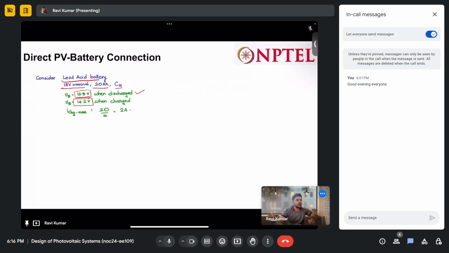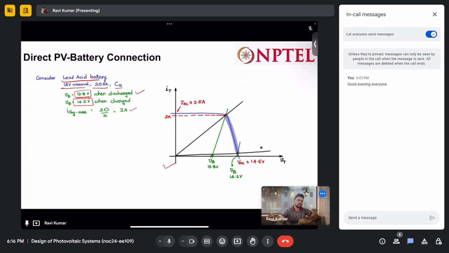So let us see how this battery can be connected with the solar PV system. This is the combination of this IV characteristics of the battery and the PV system. This is the maximum current which a battery can take. It is the point when the battery is completely discharged, and when it charges, this will move this side, and this is the condition when it is fully charged. But here one constraint is that the IMPP, or maximum power current of the solar PV, should equal 2 ampere.